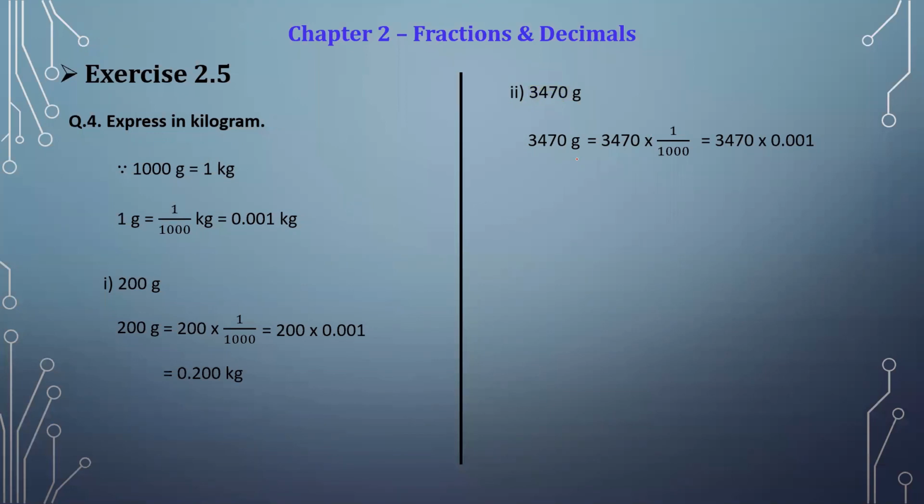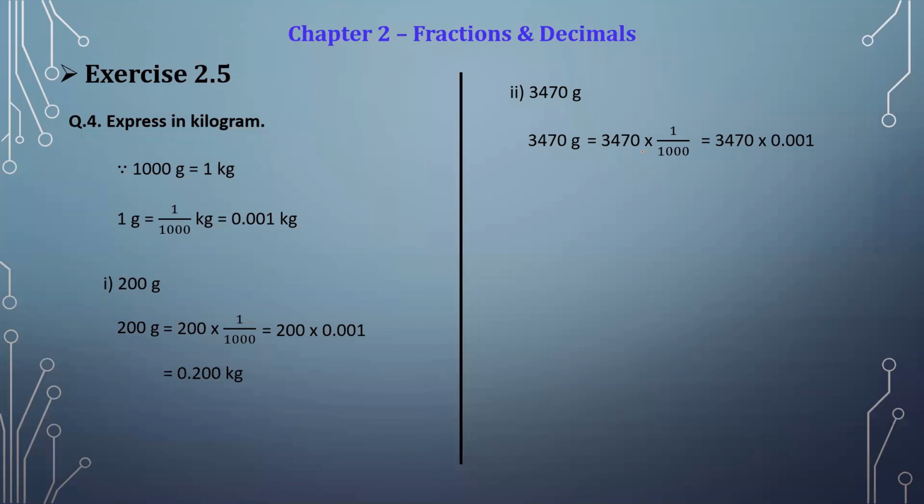So here if we divide this 3470 by 1000, again you have to count how many zeros are present in 1000. If we count those zeros, it is clear that there are 3 zeros, 1, 2, 3. So while dividing by 1000, for a whole number, we are going to shift that decimal point to the left side by 3 digits because 3 zeros are there.